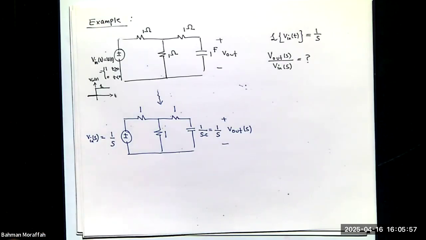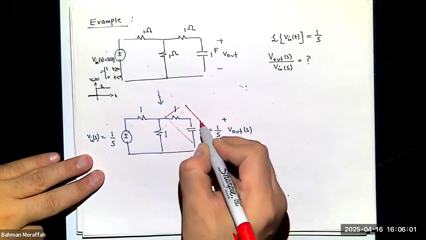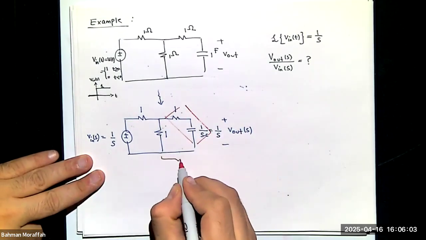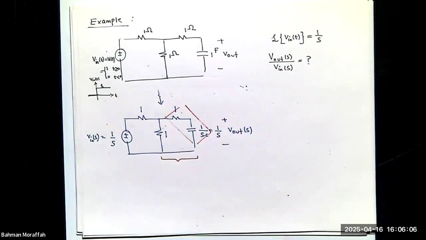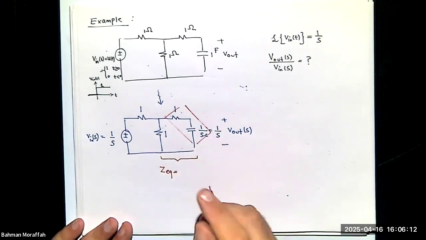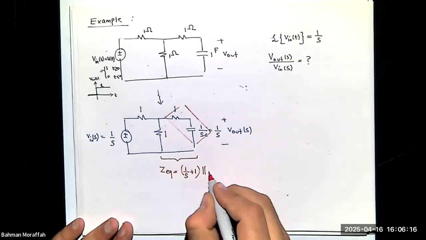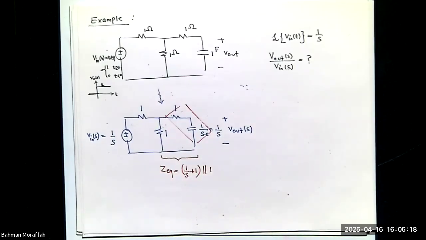Do you agree I can combine these two and then the result with this one? Do you agree I can do that? So Z equivalent is this 1 over s plus 1 in parallel with 1. Right?